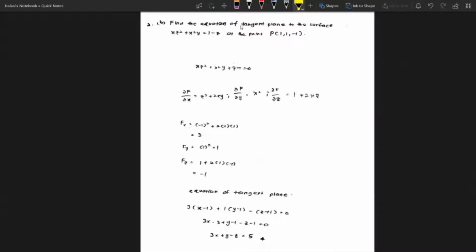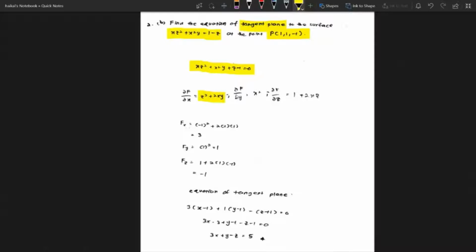Find the equation of tangent plane to the surface x z square plus x square y equal to 1 minus z at the point P(1,1,minus 1). So we arrange like this: x z square plus x square y plus z minus 1 equal to 0. So partial f over partial x, we get z square plus 2xy.